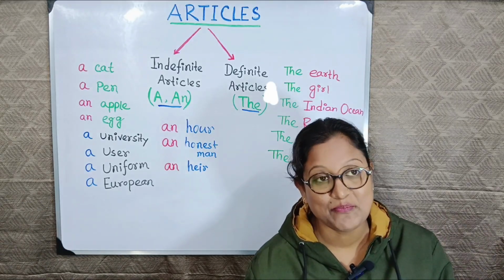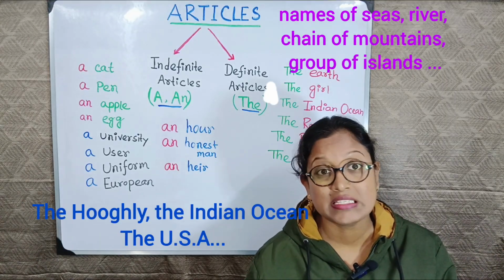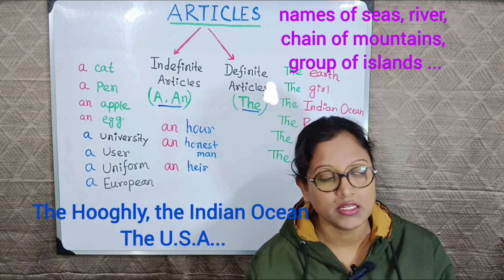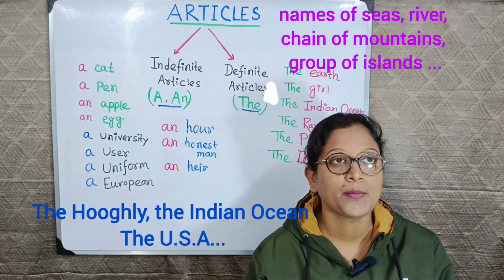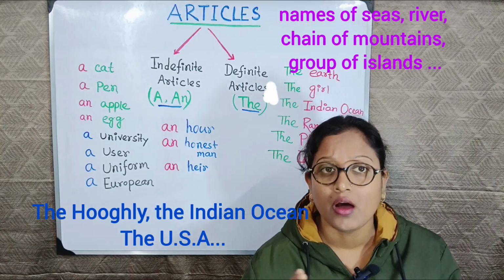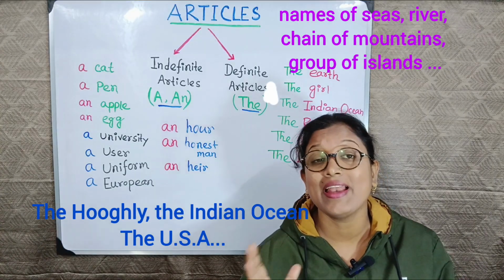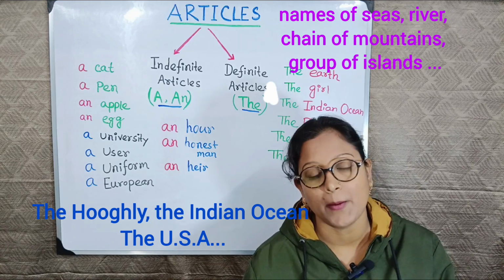Next, number 3. Before the names of rivers, seas, chains of mountains, plural names of countries, and islands, groups of islands, we use the.